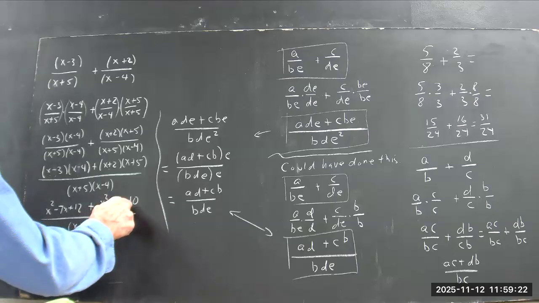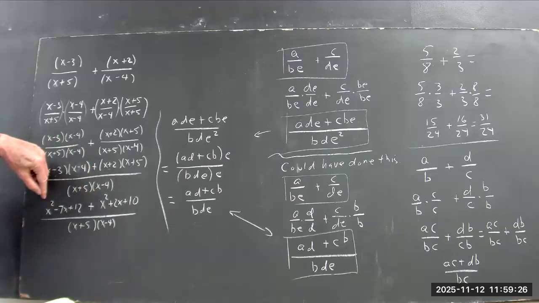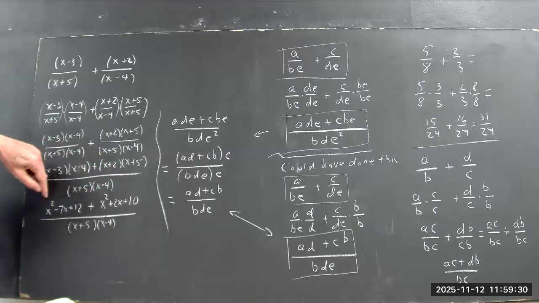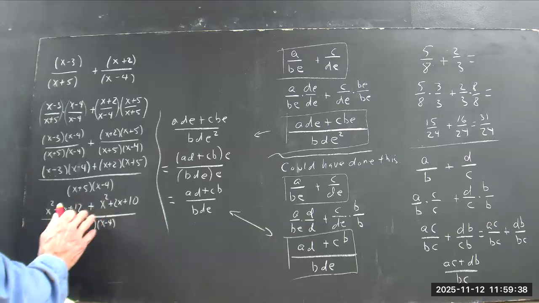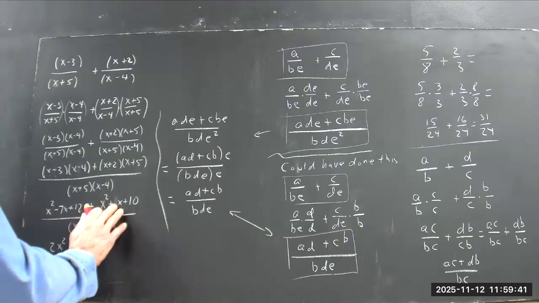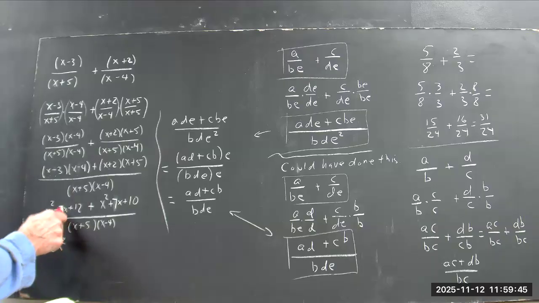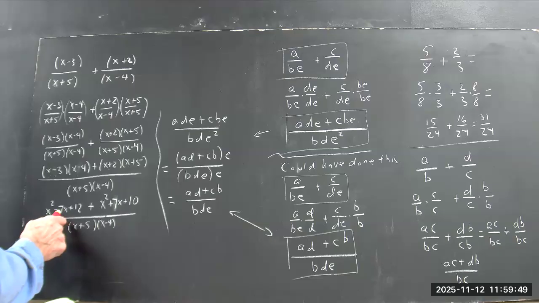And then we have an x squared in the numerator from the first product and an x squared from the second product. In other words, we have 2 x squareds in the numerator, so we write 2x squared. We have a negative 7x from our first product and a plus 7x from the second product.